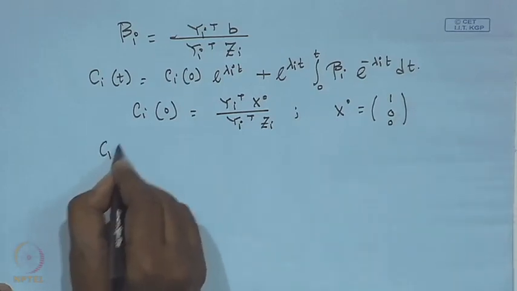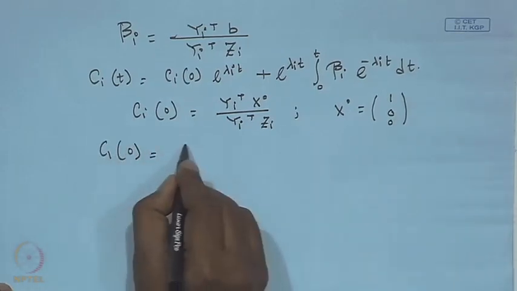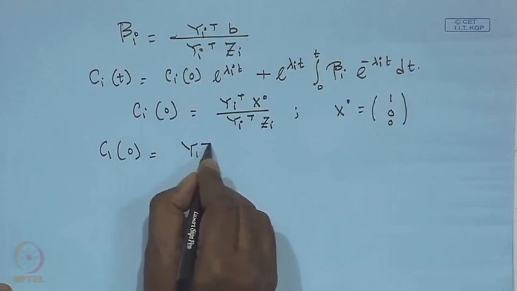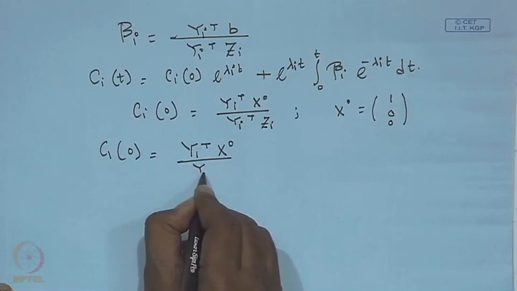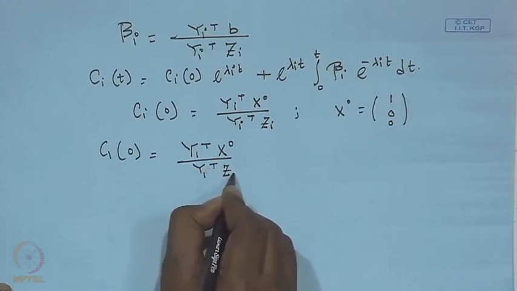So, C_1(0) will be y_1 transpose x naught divided by y_1 transpose z_1.